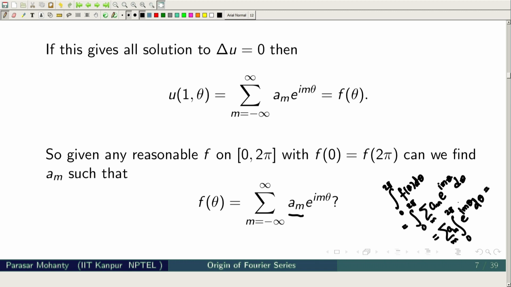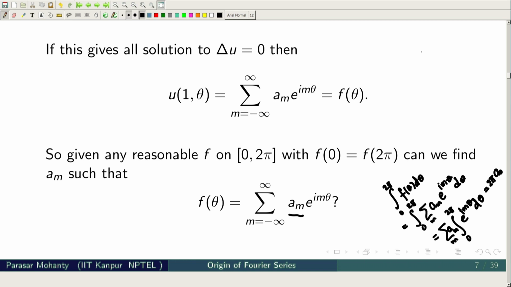Now, this integral we know is equal to 2 pi if m is equal to 0 and equal to 0 if m is not equal to 0. Therefore, we get this as 2 pi a_0.